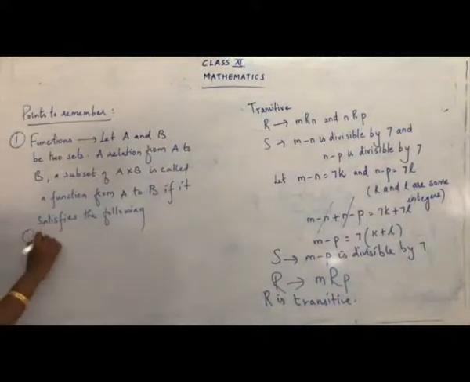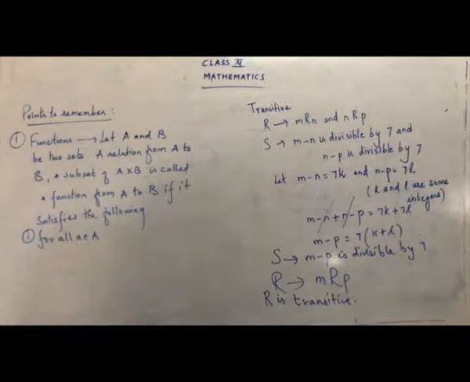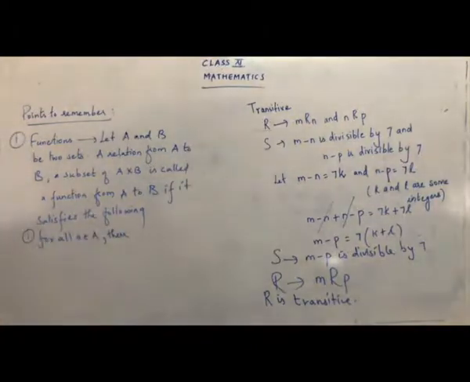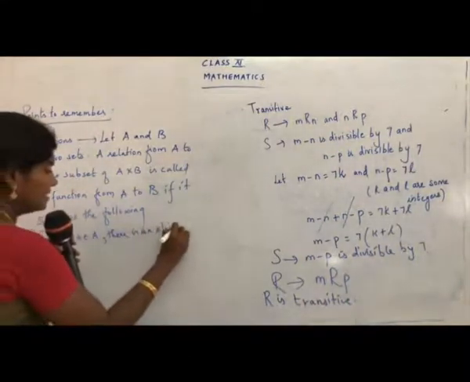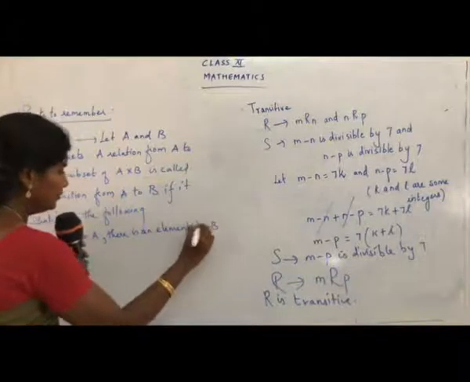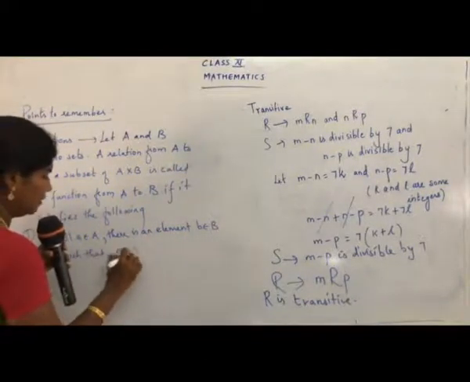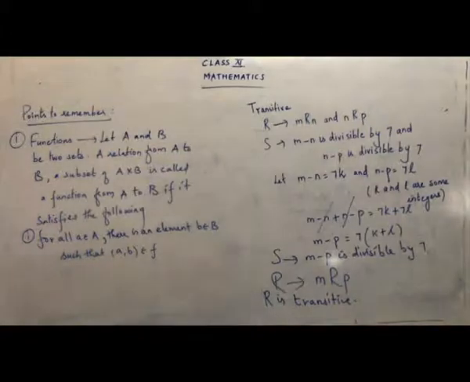For all a belonging to A, that is an element, you take a from A. There is an element b belonging to B such that (a, b) belongs to f. So (a, b) belonging to f means a is taken from A and b is taken from B. Go for the second point.